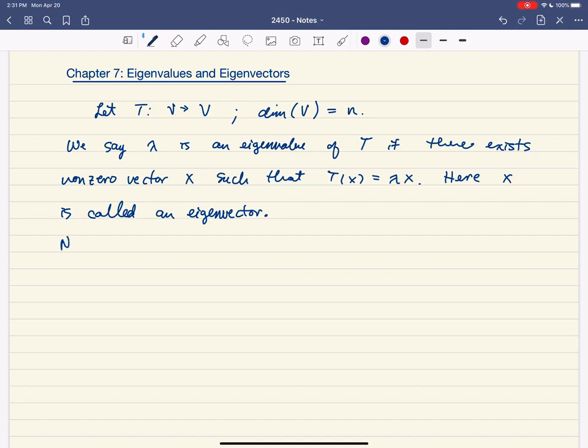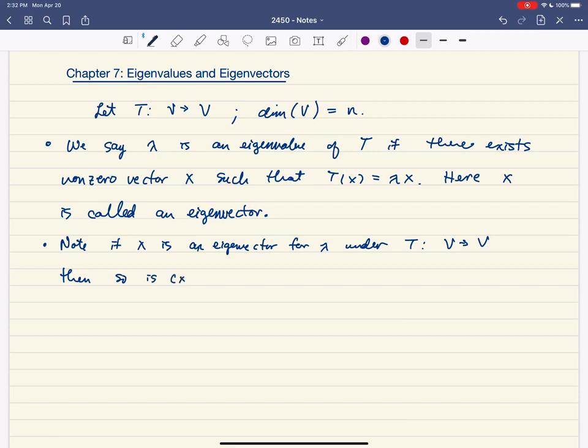I want to note that if x is an eigenvector for lambda under some linear transformation T, then so is any multiple of x.